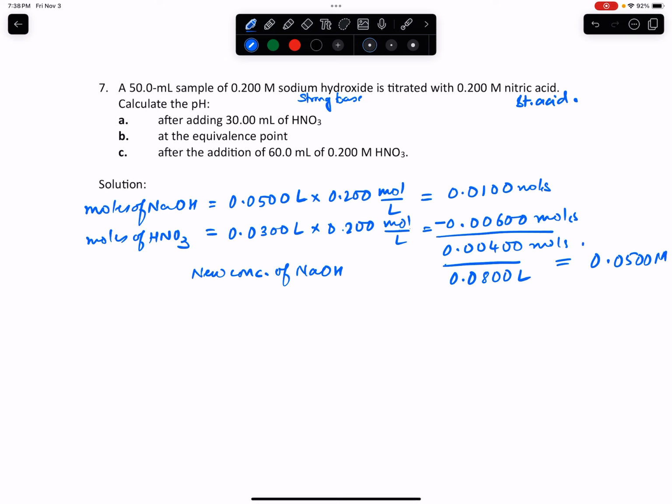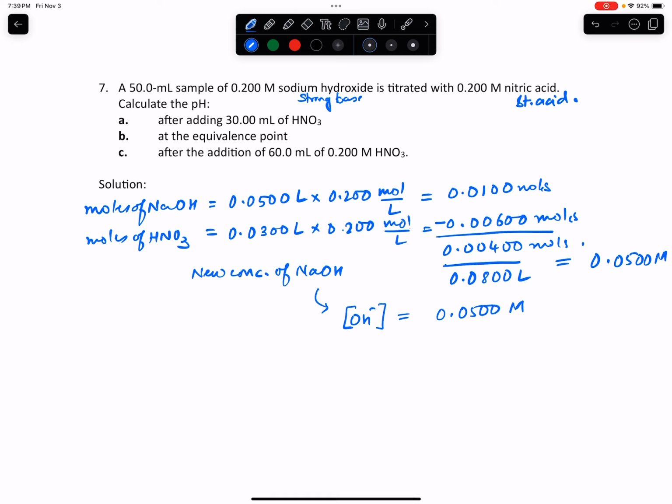Now, since we have to calculate the pH, and since NaOH is a strong base, all of it dissociates, so all the OH minus ion concentration comes from the initial concentration. That's going to be 0.0500 molar.